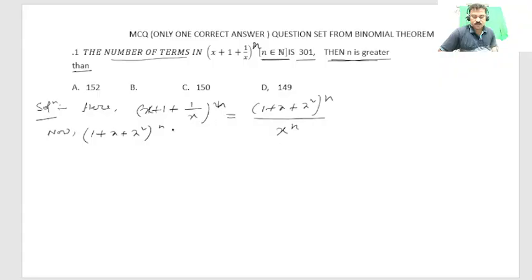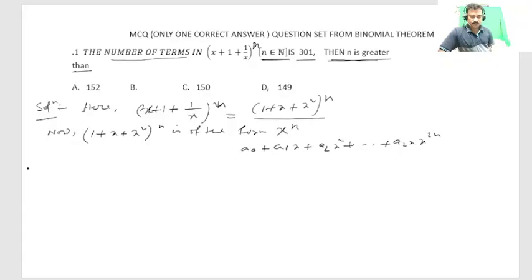Surely it is of the form a0 + a1x + a2x square and so on to a2n x to the power 2n. Surely this contains 2n + 1 terms.